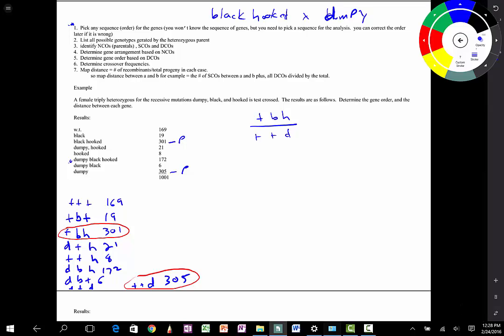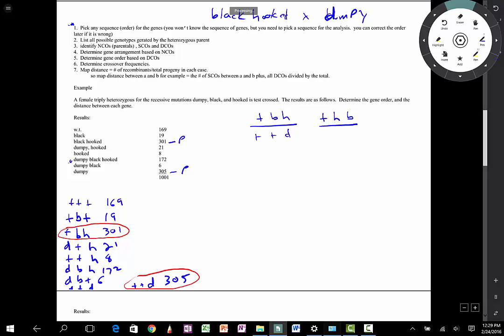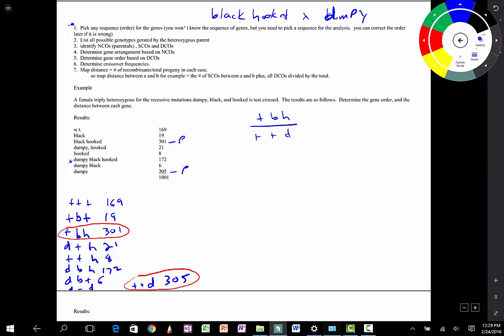But any of these three genes could be in the middle. So we could have plus H B over, so we're putting H in the middle. Now let's do that a little bit differently. So we can put H in the middle, but we'll put B over here.